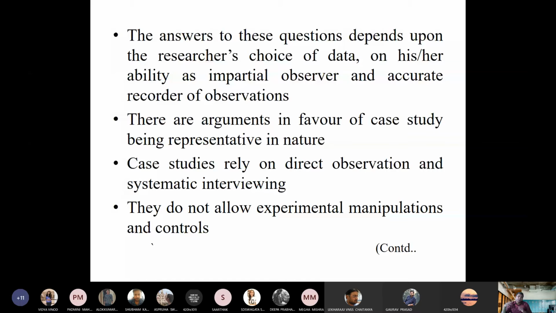So he can tell you approximately how many days he gets in every month, and whether it is usually available throughout the year, or there is some specific season in which you get more labor, and from that you can calculate on an average. Suppose in a year he gets 100 days of employment opportunity, and you can ask him what the wage rate is, and from that you can multiply and calculate that this much is his income from this, and you make the total and get the total income.